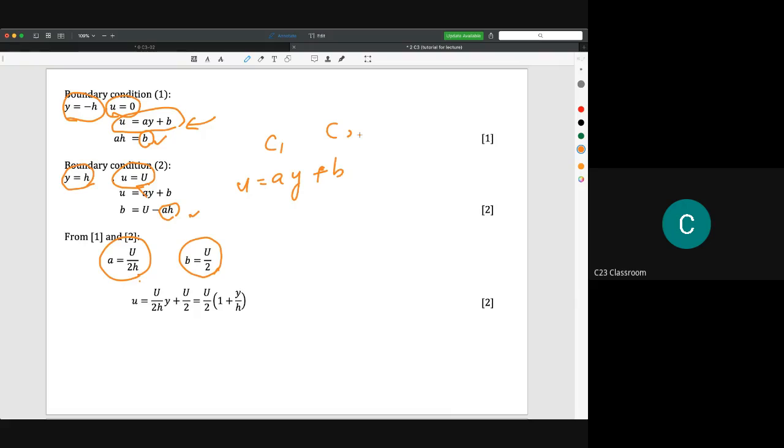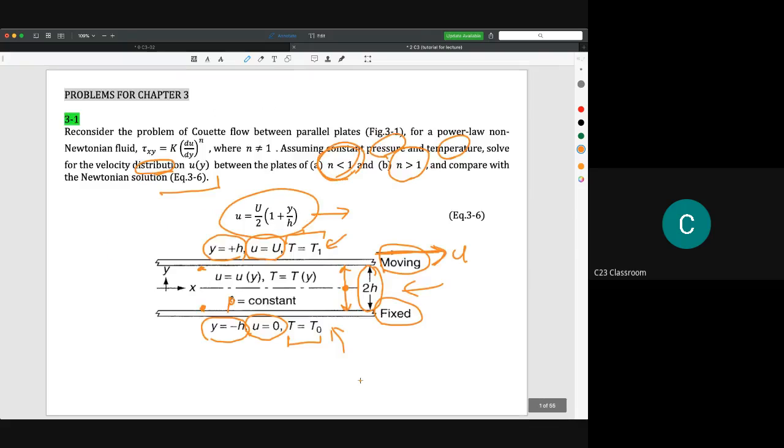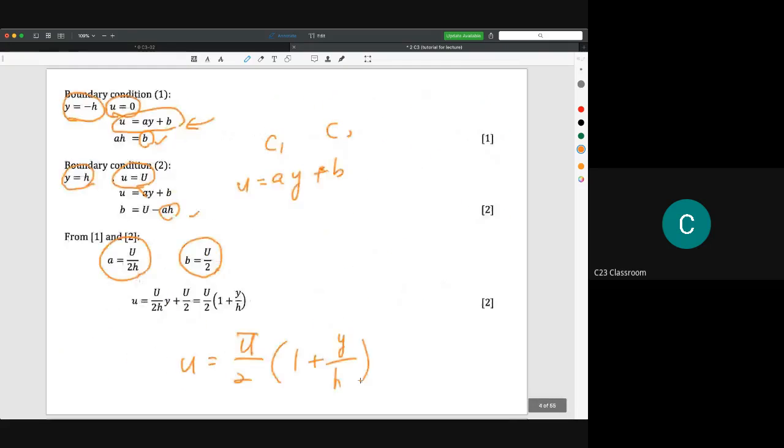When you substitute everything, you get u equal to capital U over 2 times 1 plus y over h. This is what we get in equation 3.6.